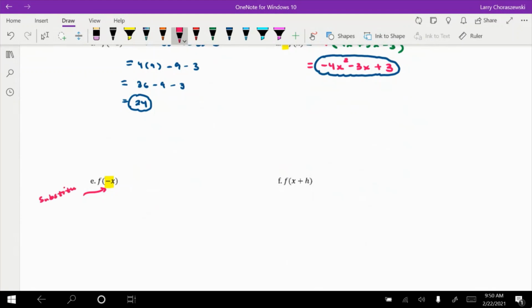Substitute -x into x. So instead of 4x squared, with this substitution, it's going to be 4 times, and you want to use parentheses for this, 4 times -x squared, plus, instead of 3 times x, it's now going to be 3 times -x, and then our minus 3.